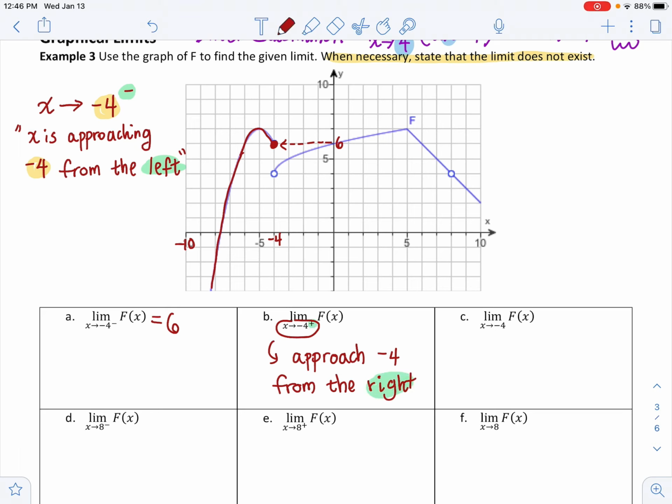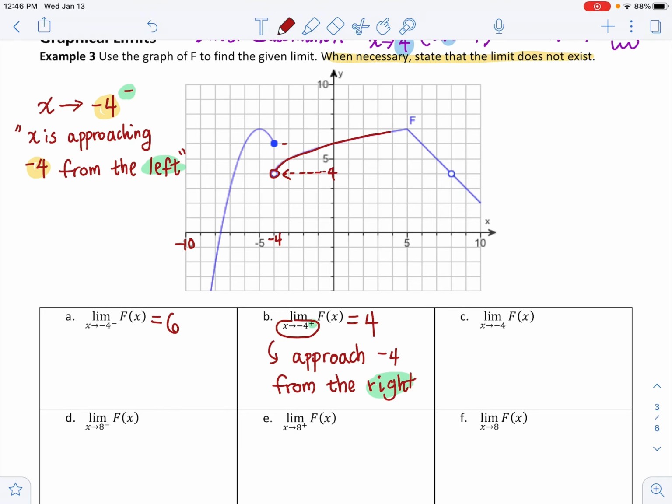So somewhere to the right side of -4, like somewhere from over here, I'll try to go to -4. As I'm getting closer and closer to -4, I can see that the y value they're trying to approach is 4. So the right-hand limit as x approaches -4 is 4.